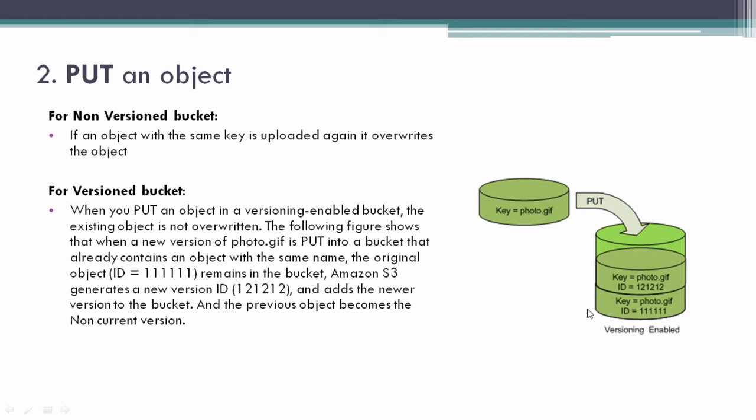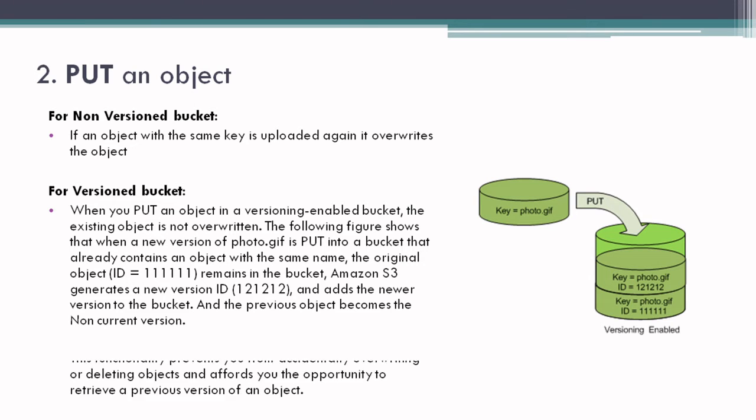The older version will remain as it is, plus a new version will be generated, and you can have both. There is no overwriting, and the one you created after this, 1212, will be your current or latest version.